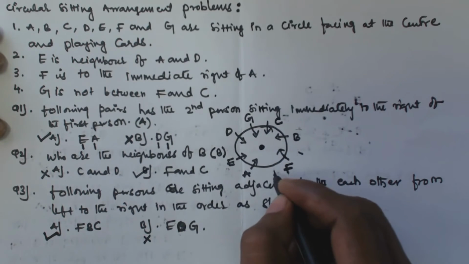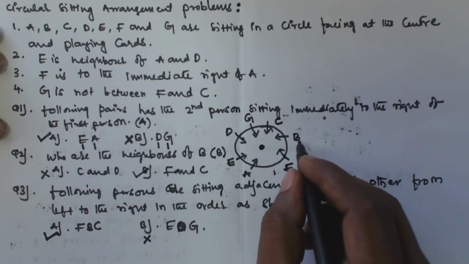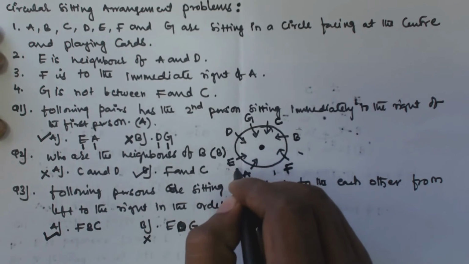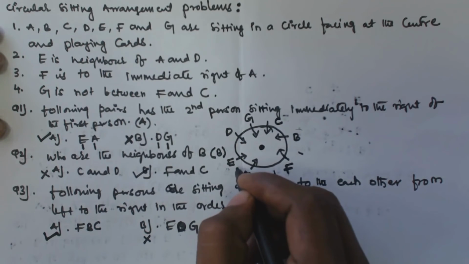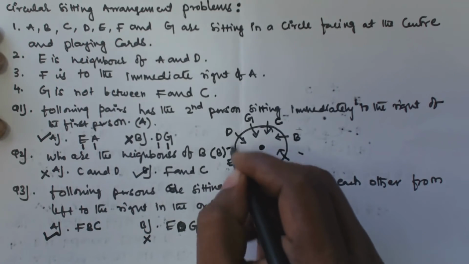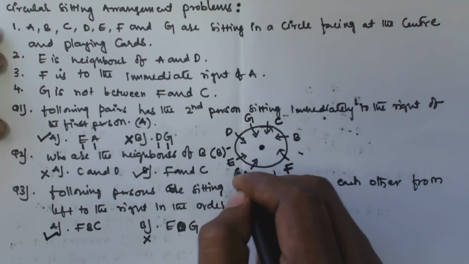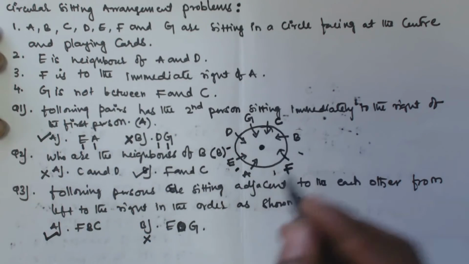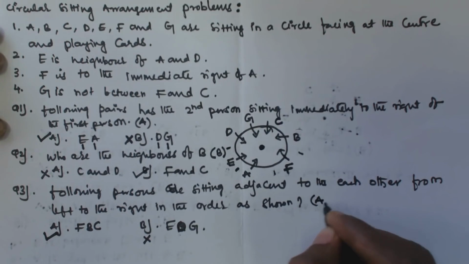But we need to take left to right direction, and this one is moving right to left. If you take E here, this is E's right and this is E's left. So from E to D we are moving from right to left. So that's why this one is false. So the answer for question 3 is A.